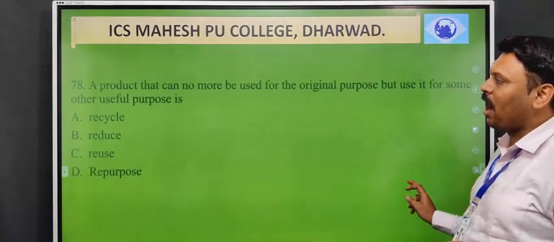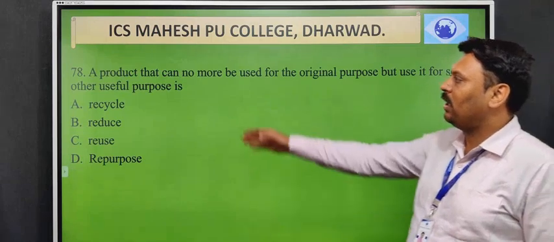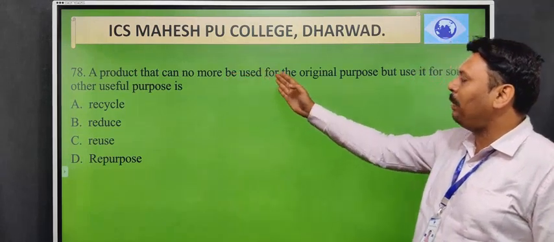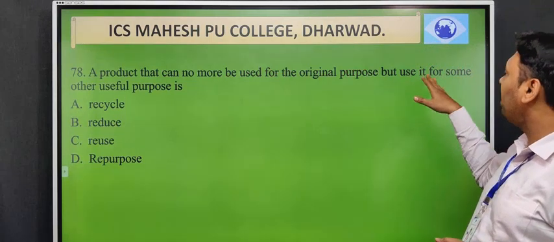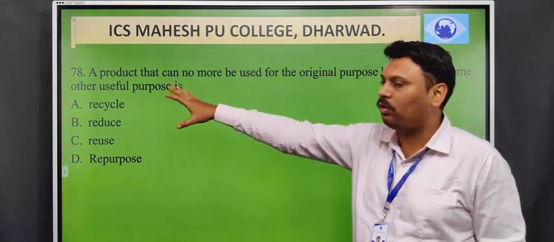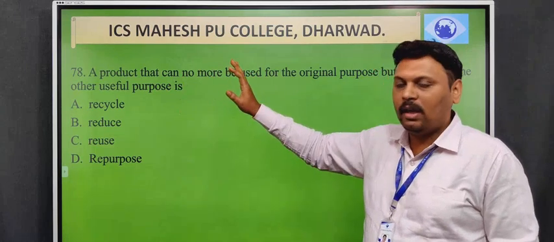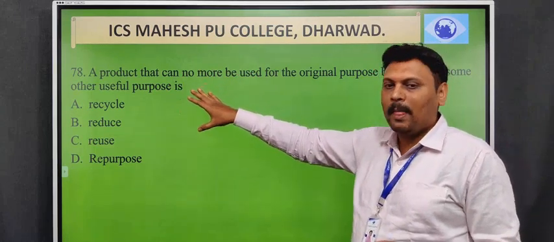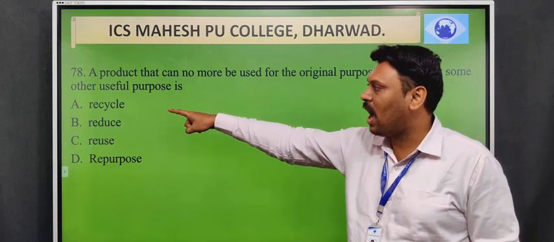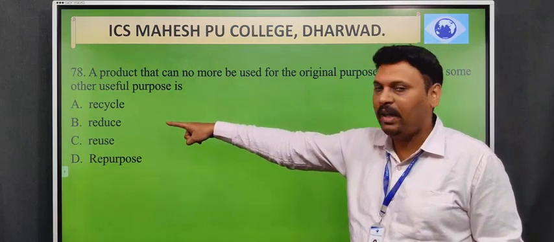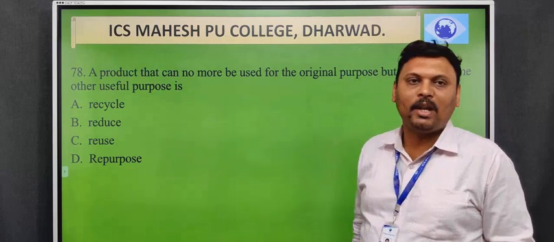And the last question we have is about a product that cannot be used for its original purpose but is used for another useful purpose. Here we can call it re-design or re-arrangement. The options are recycle, reduce, reuse and repurpose.